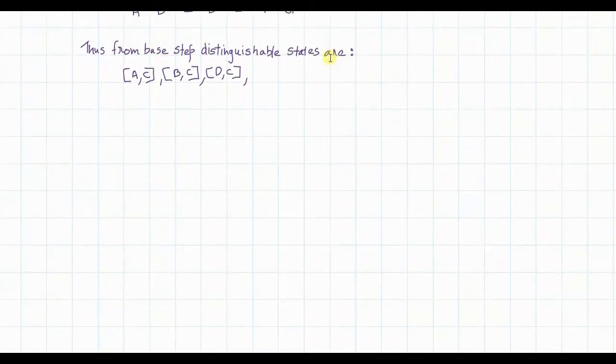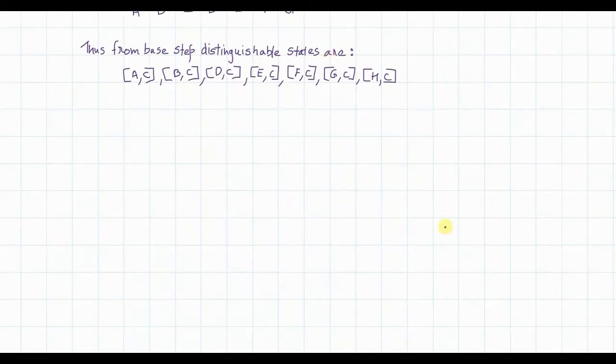I'm going to list those: E comma C, F comma C, G comma C, and the last one is H comma C. So these are initially all the states which are found to be distinguishable. So the base step is over.